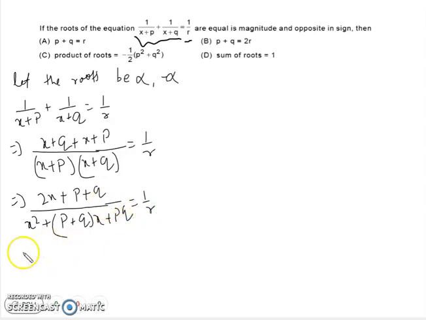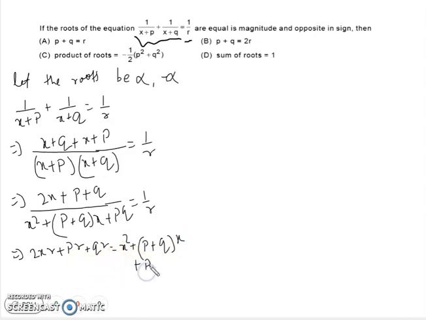And after doing the cross multiplication, you can write here 2xr plus pr plus qr is equal to x square plus pq, p plus q, guys, 2x square plus p plus q, p plus q into x plus pq, right?